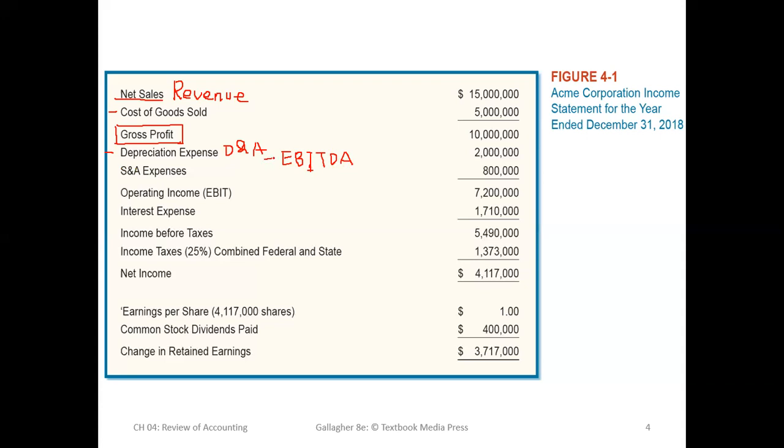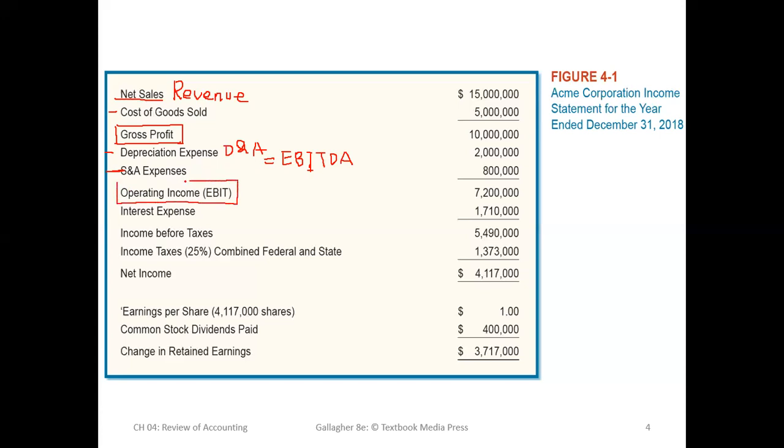So the EBITDA minus your selling and administrative expenses will give you operating income.